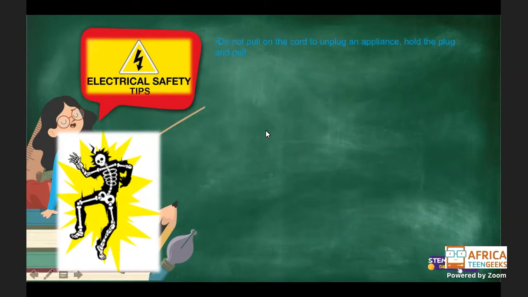The first rule is, do not pull on the cord to unplug an appliance. Hold the plug and pull. Also, dry your hands before you plug in or unplug a cord.